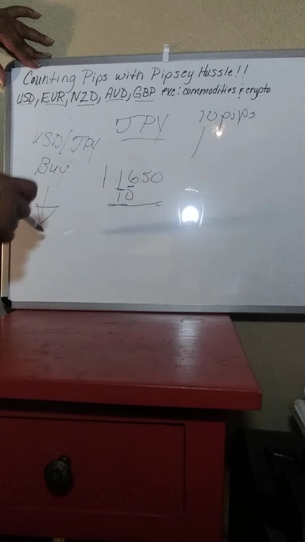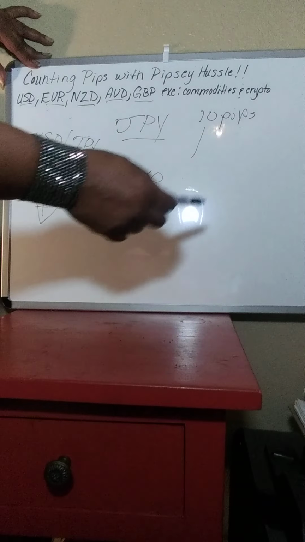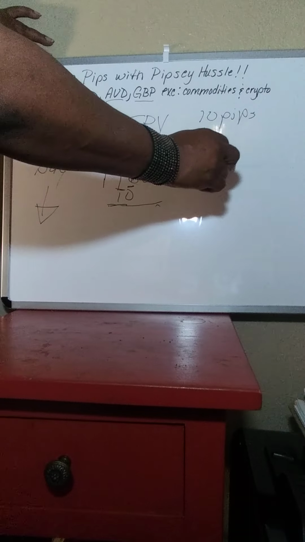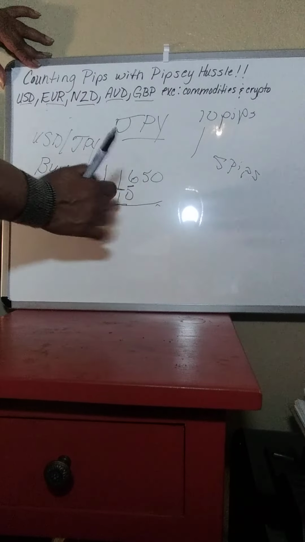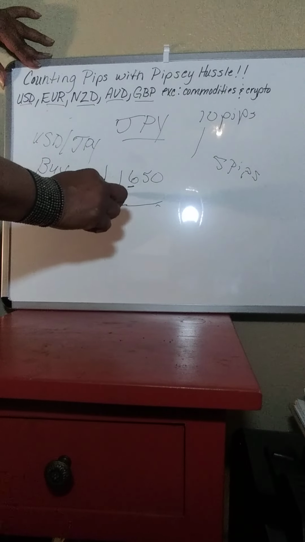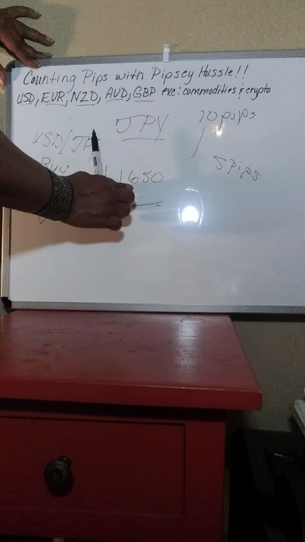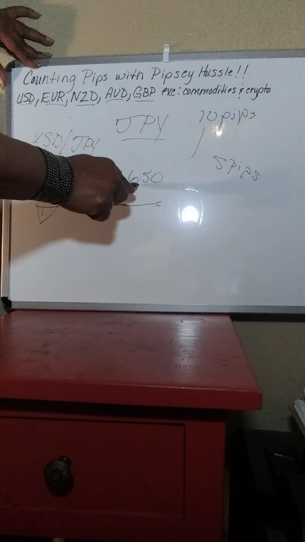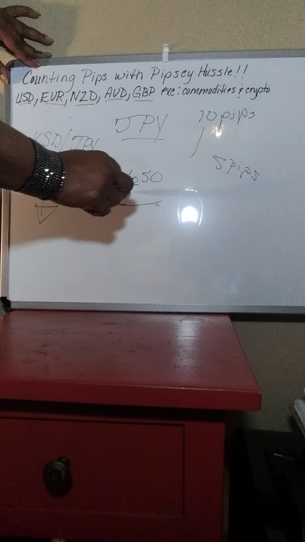But if it decides to go in the opposite direction and it goes down, and say for instance you don't want to risk 10 pips, take me out at 5 pips. Hold on, I erased my 1, 0. Okay, so we only want to do 5 pips.